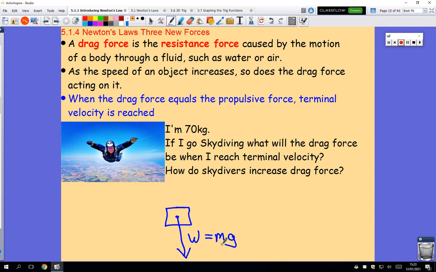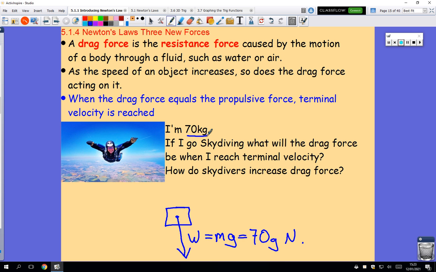So if I'm 70 kilograms, my weight will be 70 g newtons. People ask, what's your weight? Lots of people say 70 kilograms, but that is actually your mass. Your weight would be 70 times little g, which is about 700 newtons.